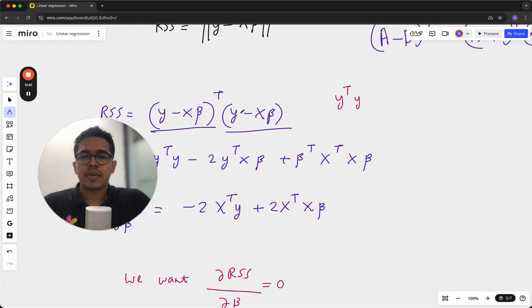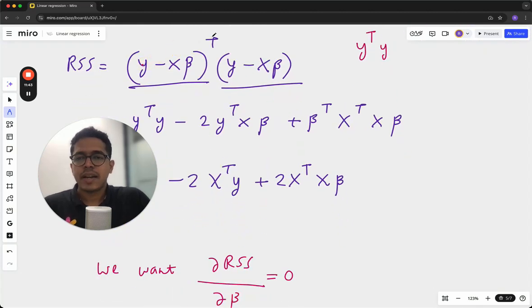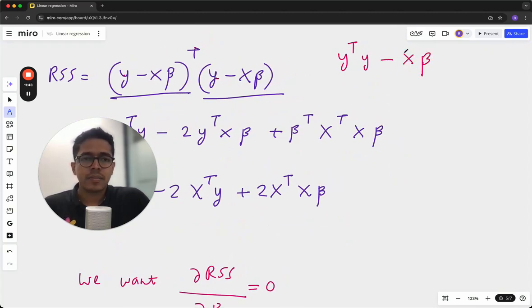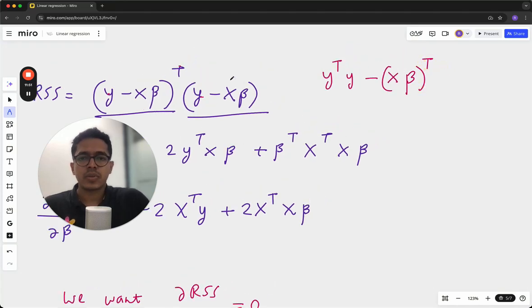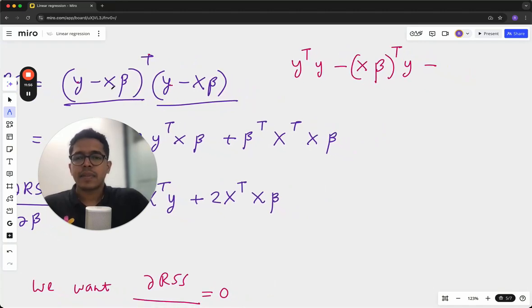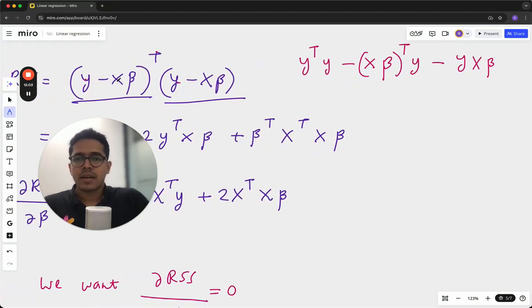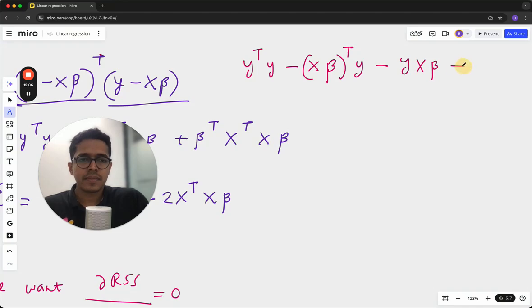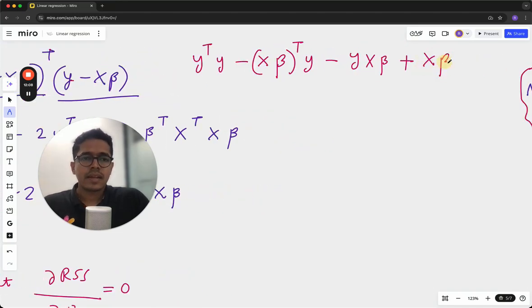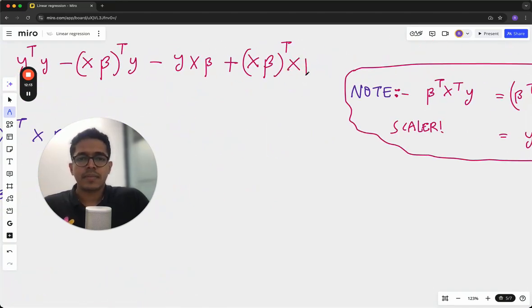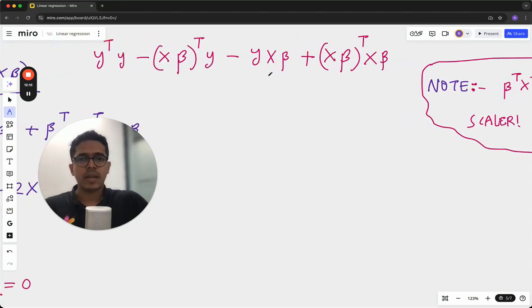So y transpose y, that is from this y transpose times y, then minus (x beta) transpose times y, minus y transpose times x beta, plus (x beta) transpose times x beta. So this much is straightforward, normal expansion.